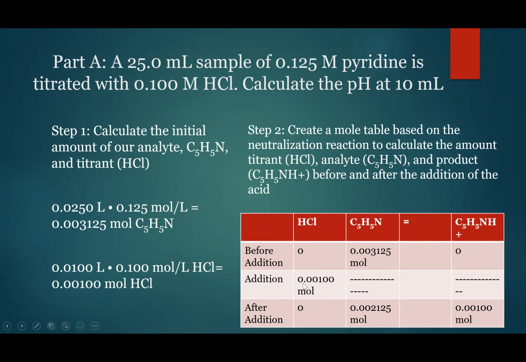After the addition, we know that it interacted with C5H5N to neutralize the solution, which means that all of the hydrochloric acid was consumed. And our new amount for C5H5N is 0.002125 moles. We also now have 0.00100 moles of C5H5NH plus.